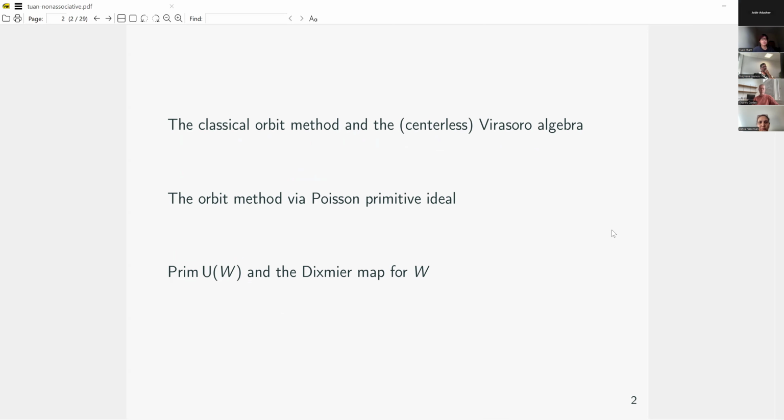Then I will explain the orbit method via Poisson primitive ideals, and why we have to go via the Poisson primitive ideals. Lastly, I'll explain what we know so far about the primitive ideals of the Witt algebra and the Dixmier and the strong Dixmier map for the Witt algebra.